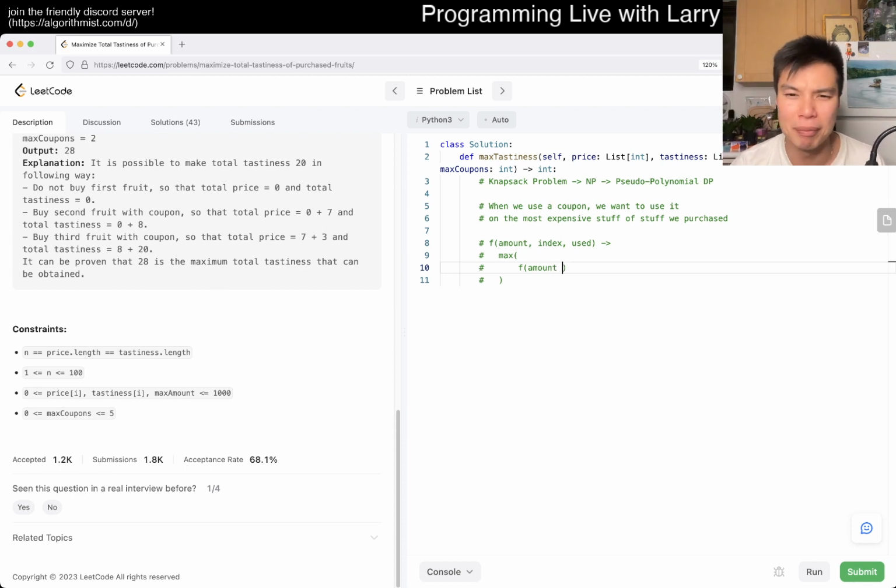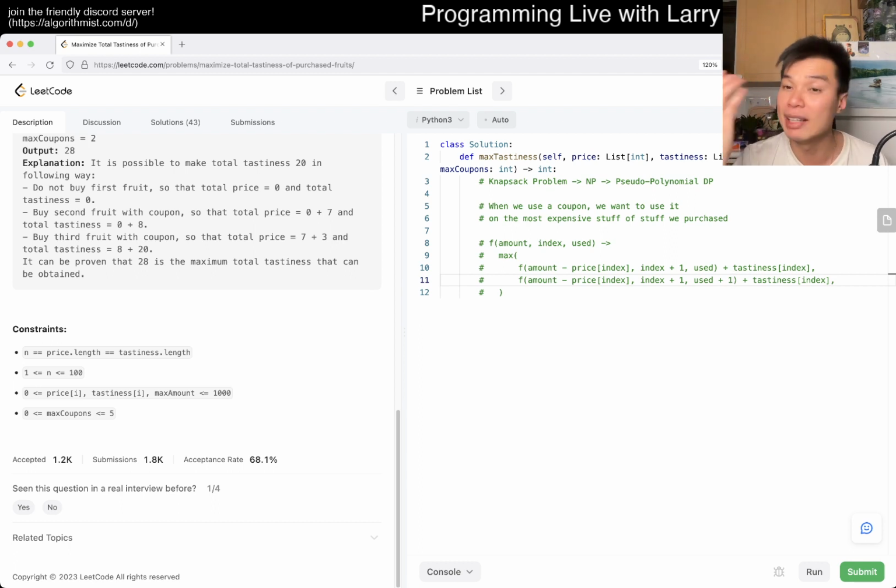So we minus something like price of index, so index plus 1, because we're done with that one. Used is still the same, plus tastiness of index, or we do the same thing, but we used a coupon, right? So this is going to be used plus 1.